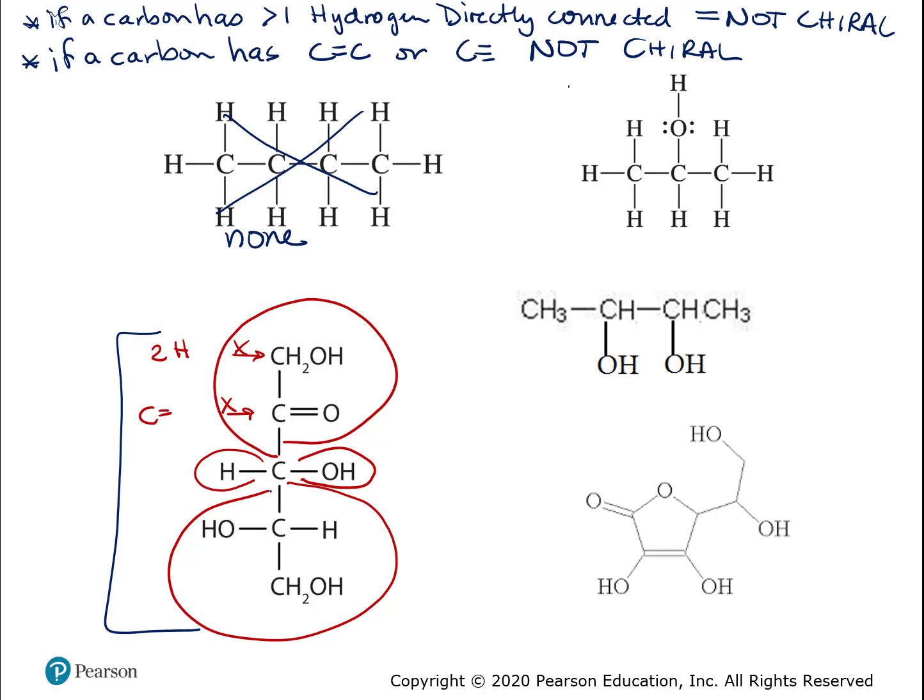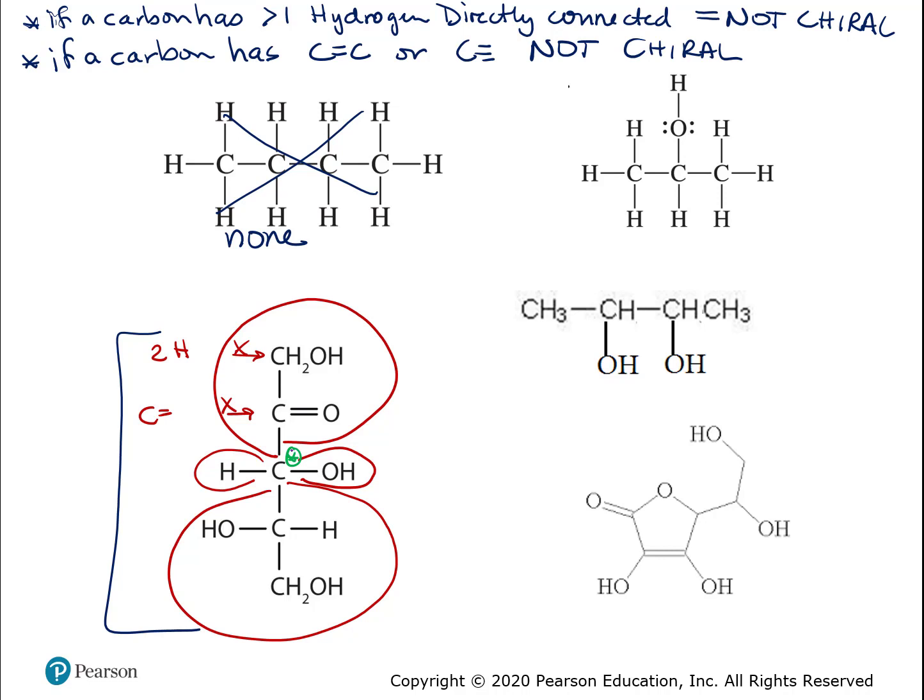That one's chiral. So that carbon that I've circled, the one in the very center, is chiral. So you would put a little star around it. That's a chiral carbon. So everything above, below, left, and right is really what you're studying when you look at them.